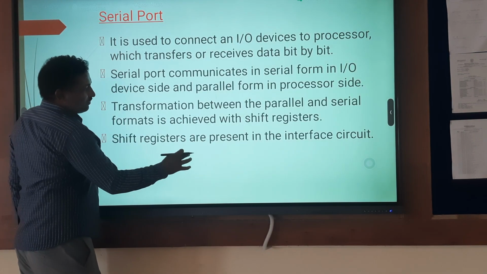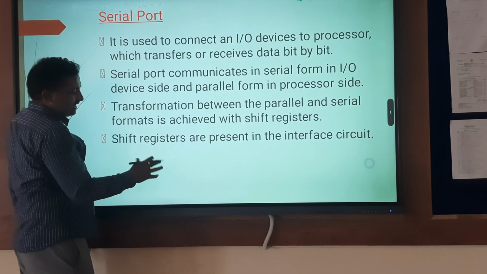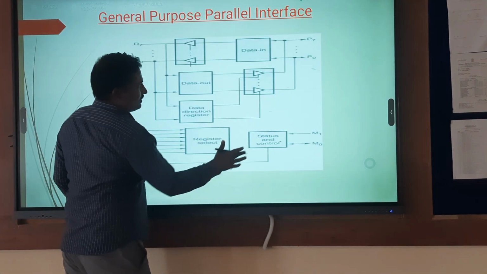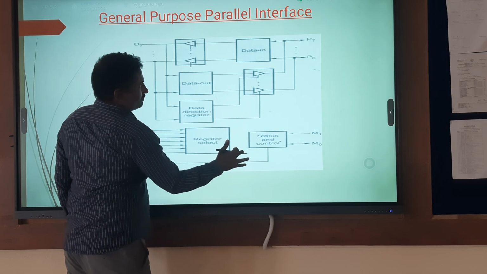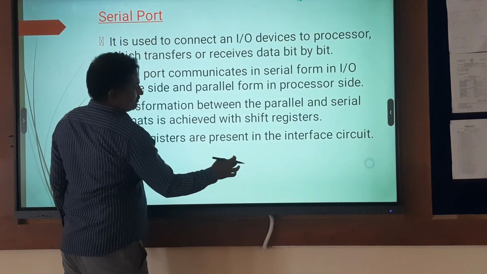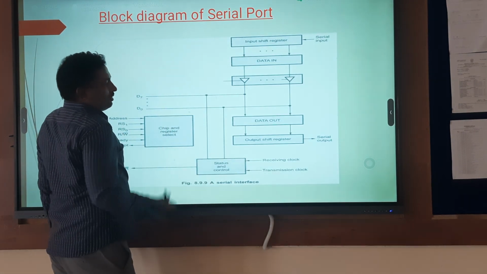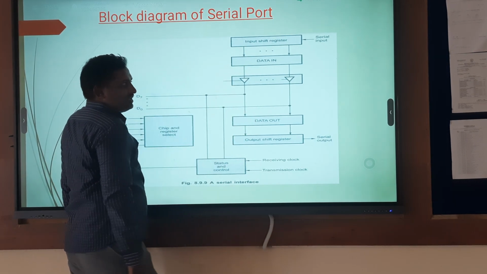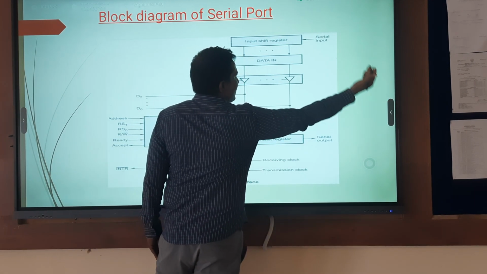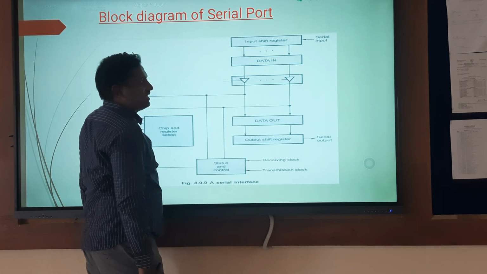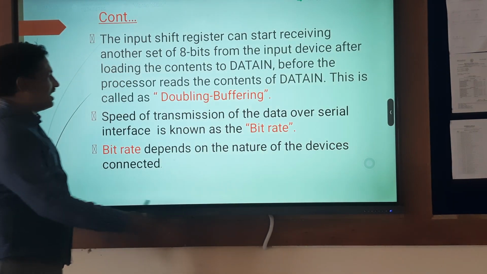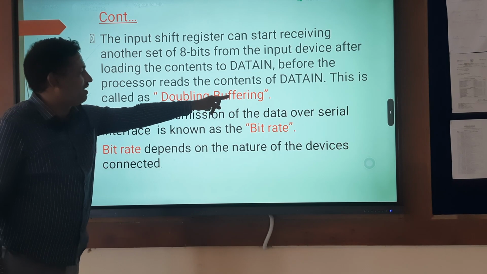Whatever data is in the data in register should be read by the processor. But before the processor reads it, if another data is coming, that is, before the processor reads the data in the data in buffer register, if the peripheral device transfers another data into the data in register, then that is called double buffering.